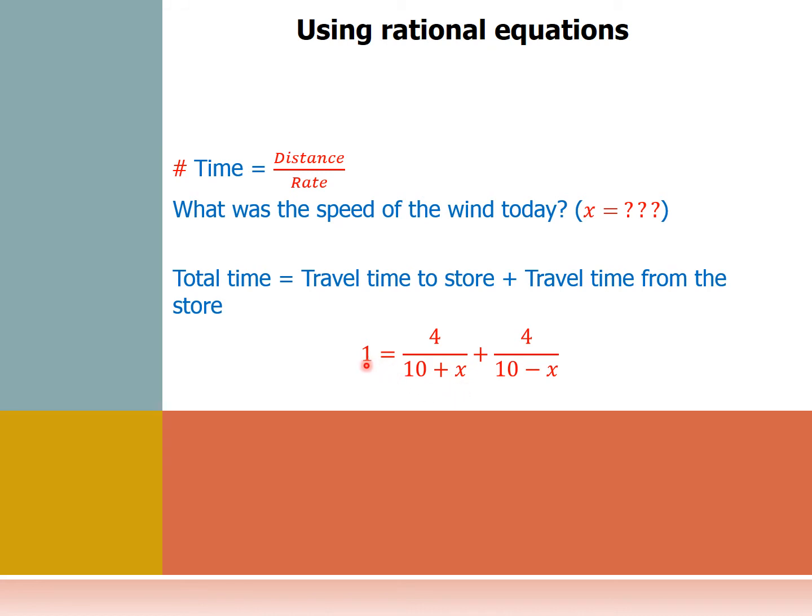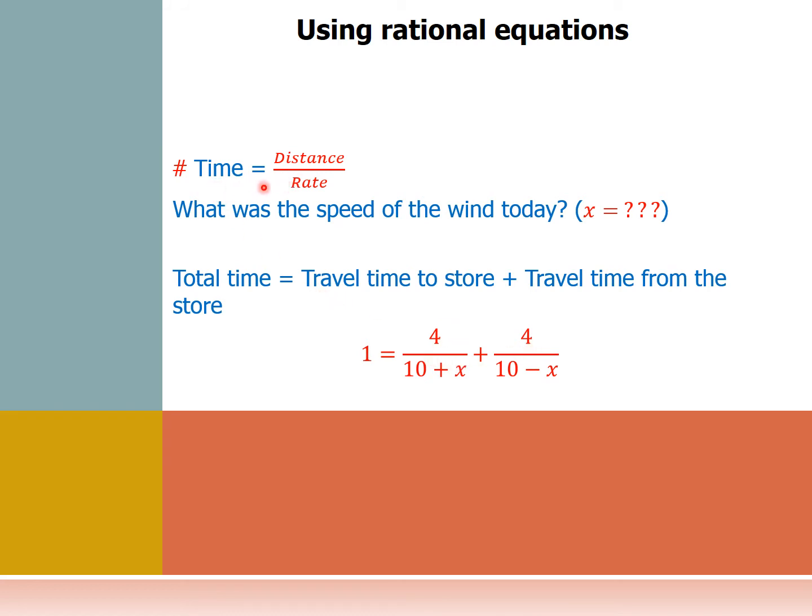Again, the travel time to the store and back from the store is 1 hour, so we have time to travel to the store plus time to travel from the store.